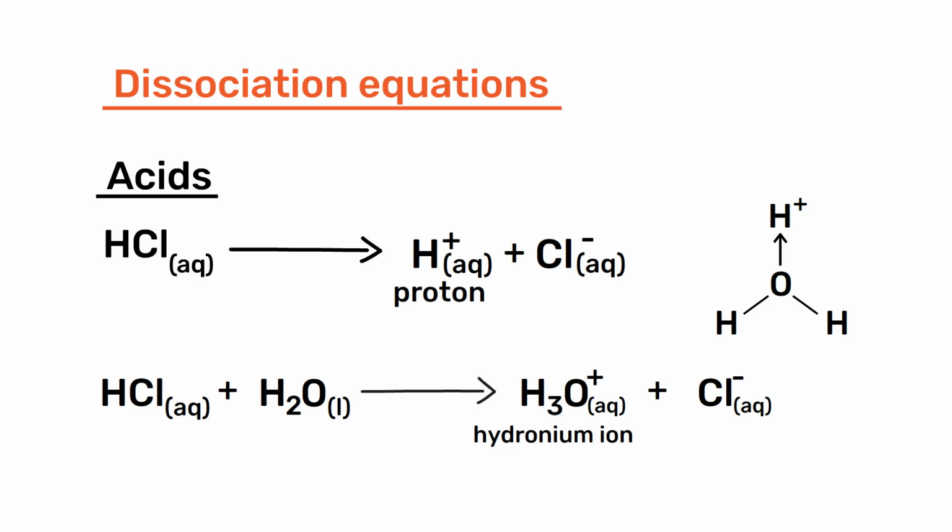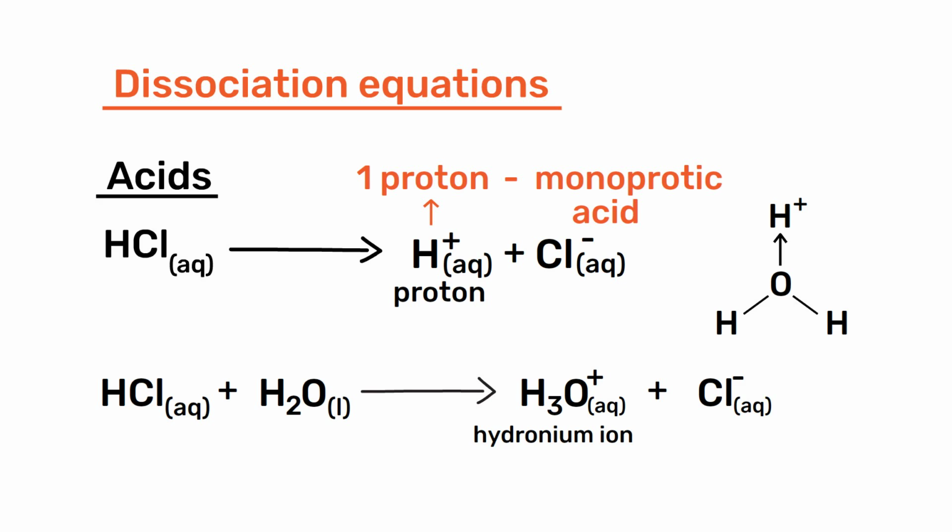Note that hydrochloric acid dissociates to produce one proton, therefore it's called a monoprotic acid. Hydrochloric acid completely dissociates in solution, and therefore we use a single arrow, and it says that it's a strong acid. We'll discuss strong and weak acids in later videos and workbooks.